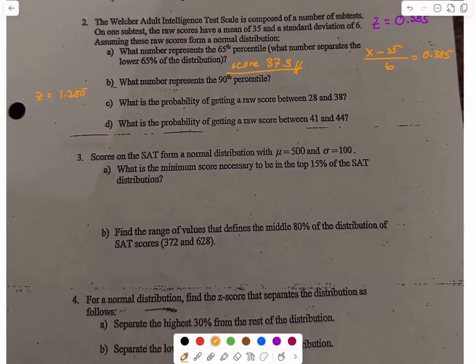So if we're getting this z-score and we want to find the score corresponding to that, we have to work backwards like we did in the other one. So we would say x minus 35 over 6 equals 1.285. And then solve for x from there.